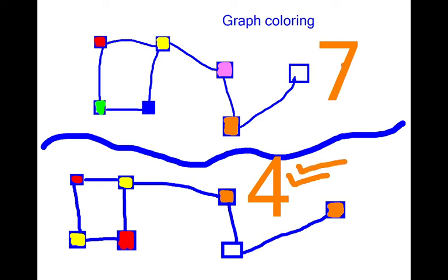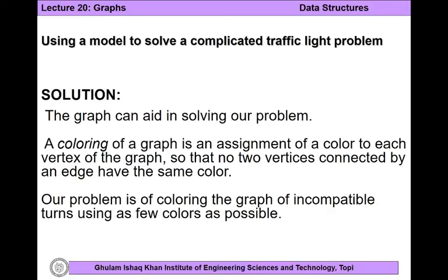I'm not saying the above solution is wrong, that is correct as well, but the better solution is the bottom one, right? So this is a graph coloring problem, right? And there are other definitions as well, which will be coming shortly, but this is how we explain the graph coloring problem. So let me go to the slide.